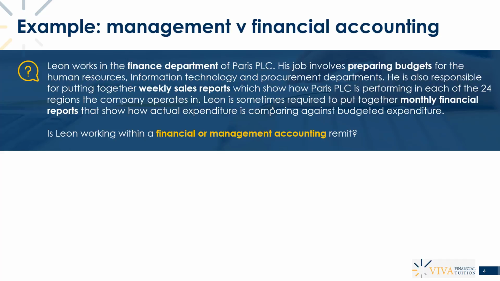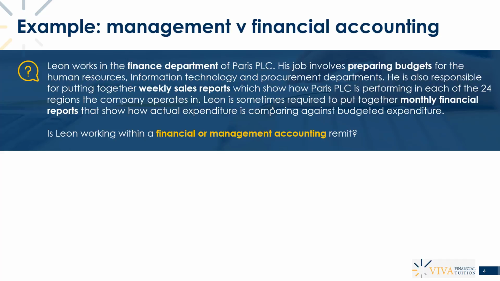The question suggests that the sales reports show how Paris PLC is performing, so that's going to help management make decisions about what sort of products and maybe where they want to expand or invest money in. These reports that Leon has put together are helping management to make decisions. So again, another clue that suggests this is a management accounting remit that Leon is working in.